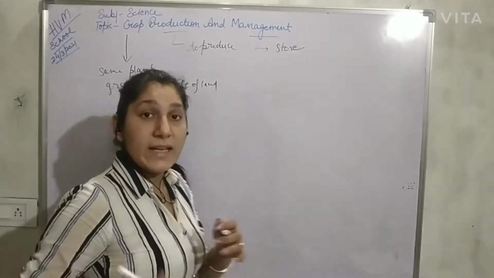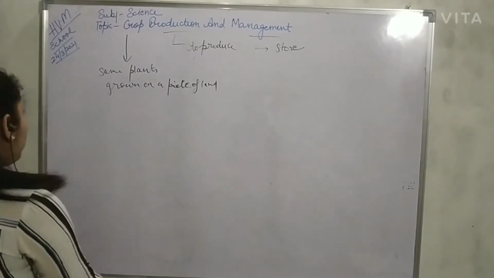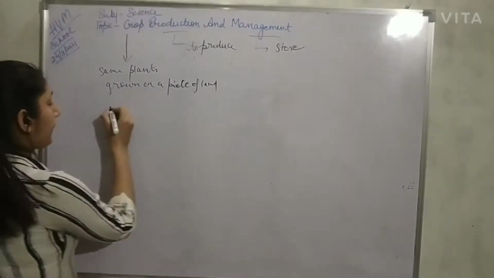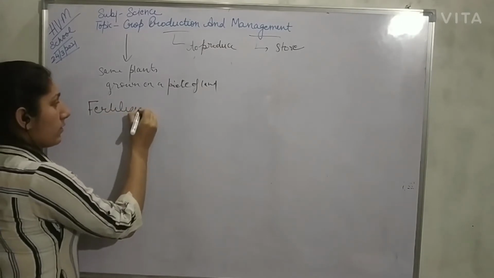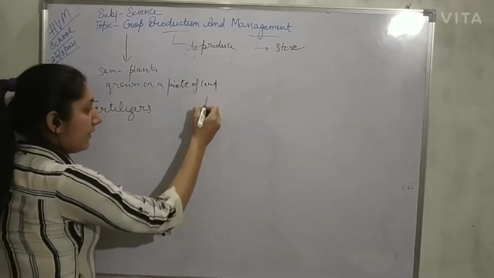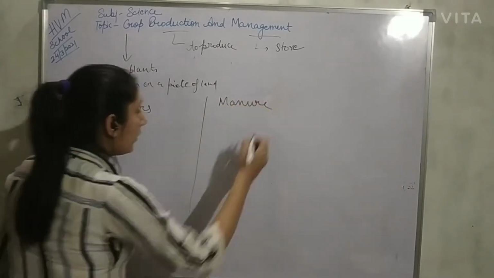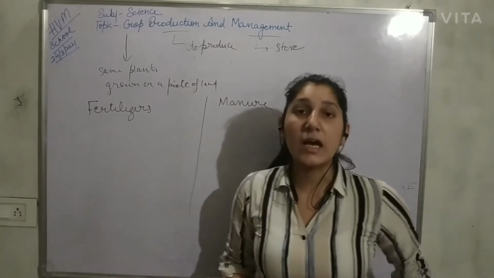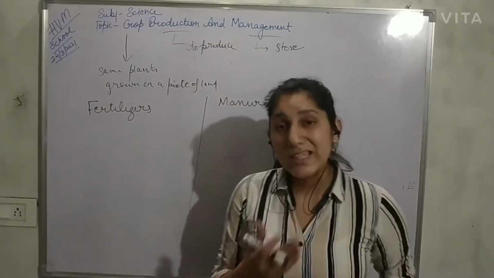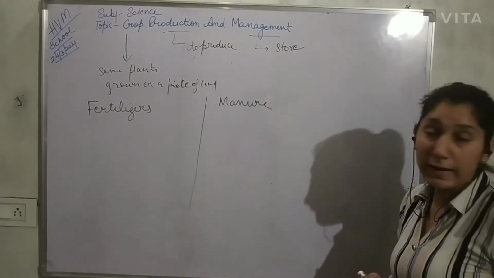So for enhancing the production of the crop, we need two things, that are fertilizers and manure. So fertilizers and manure, both of these are substances which increase the nutrient content of our piece of land.